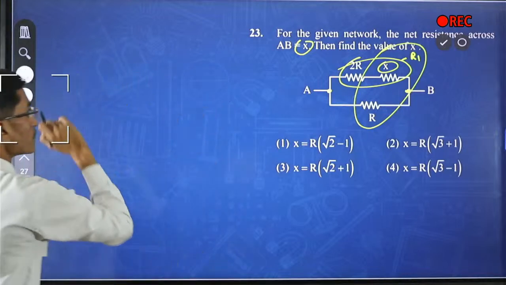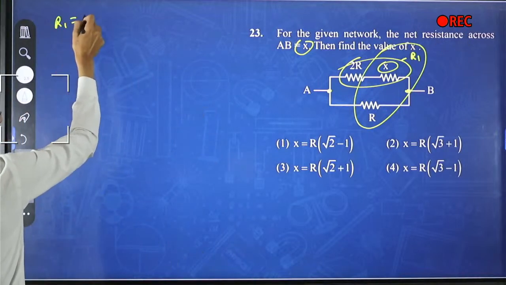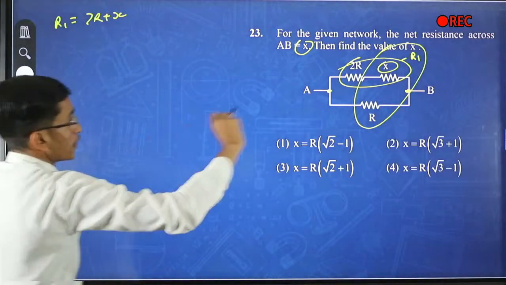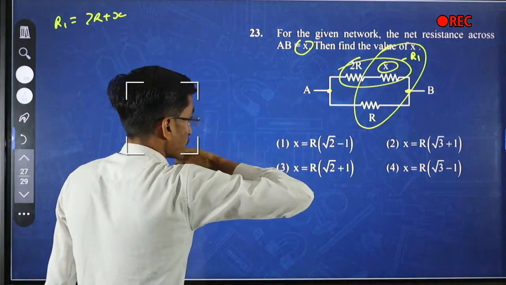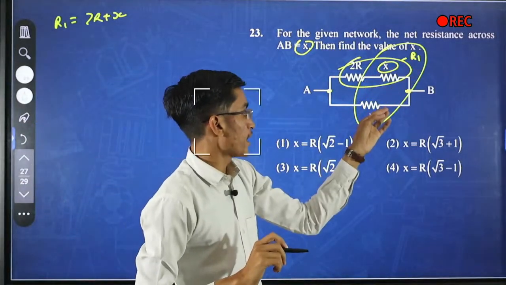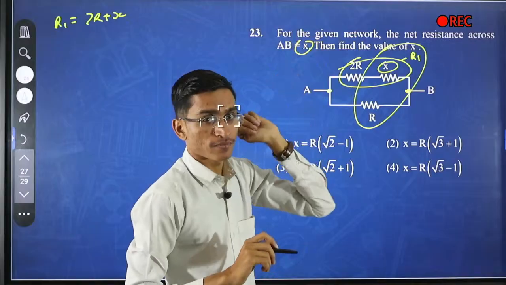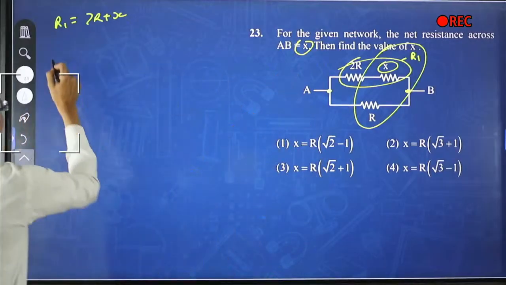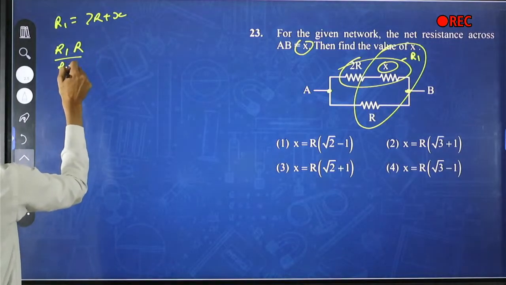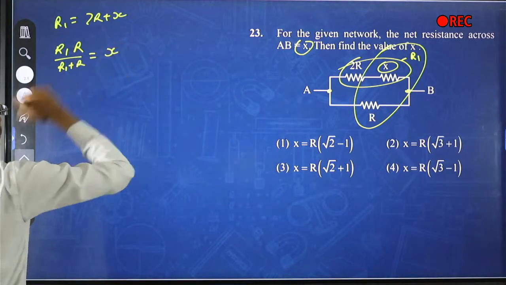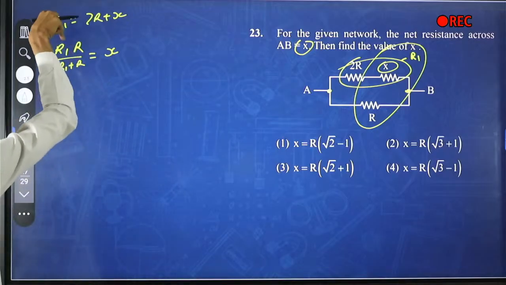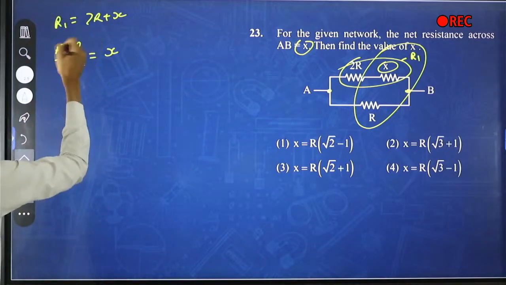So first of all, R1 can be written as 2R plus X, and R1 and R is parallel, and equivalent of R1 and R can be written as X. So from parallel combination we can say that R1 into R upon R1 plus R is given as X, and we have to solve for X. So put the value of R1 in this equation.